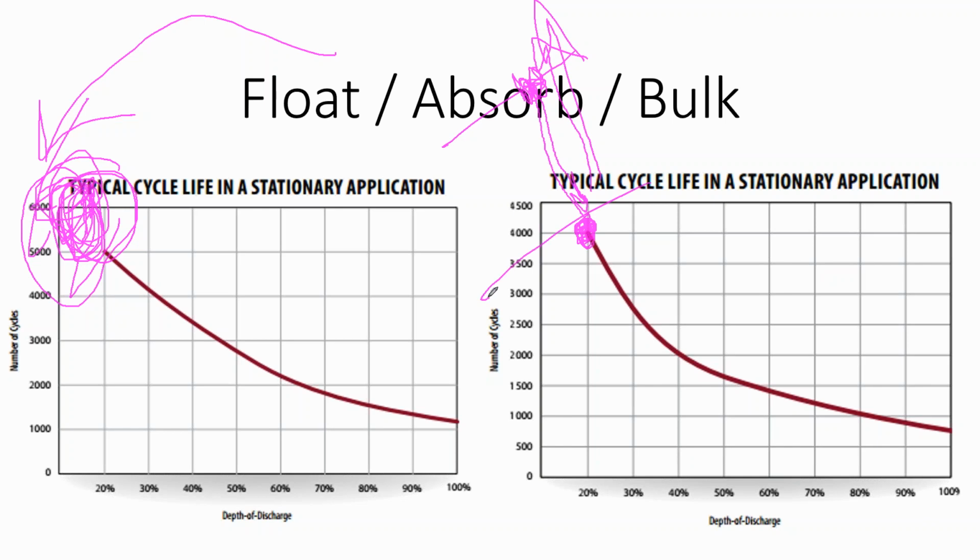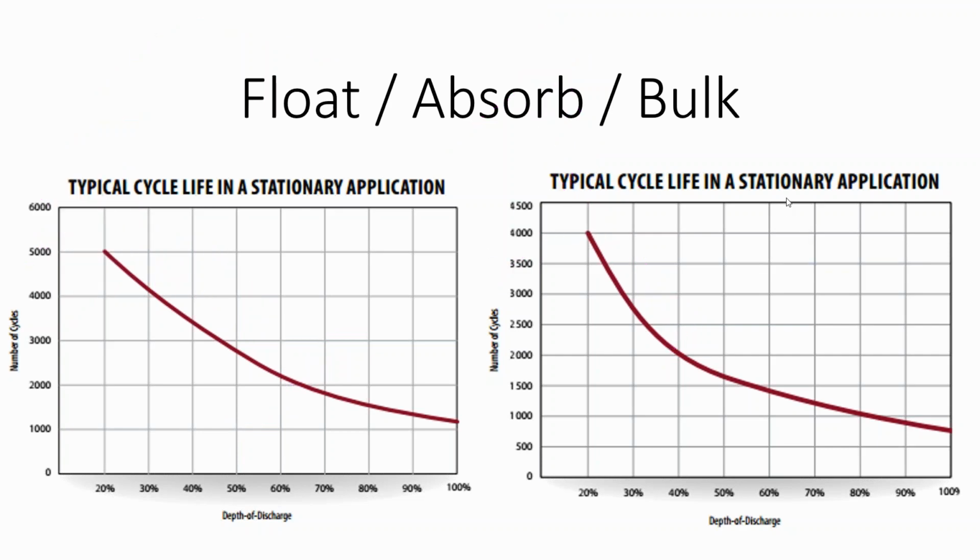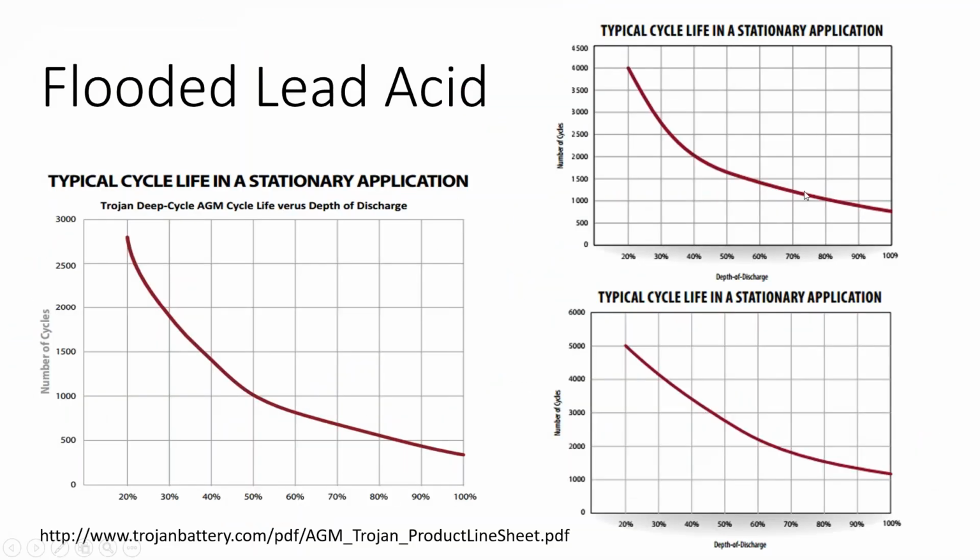Then you get into the absorb phase, and this is the area of operation that you want to be using your lead acid battery in. And so you get a difference in product lines in your lead acid batteries, which is a difference in quality.